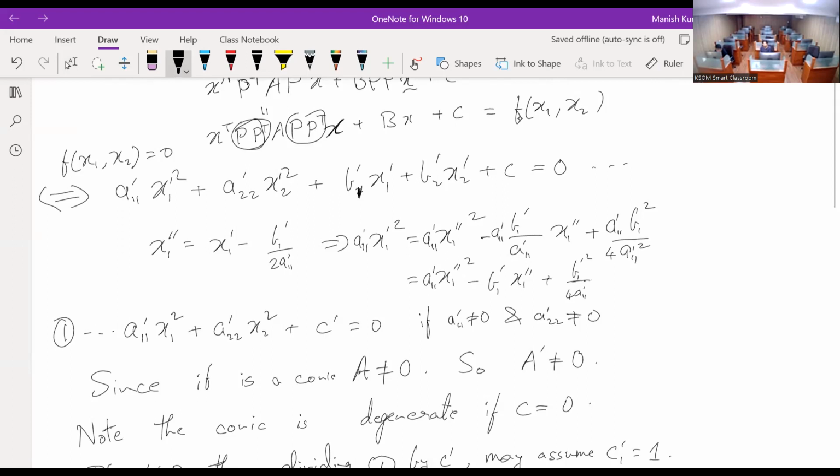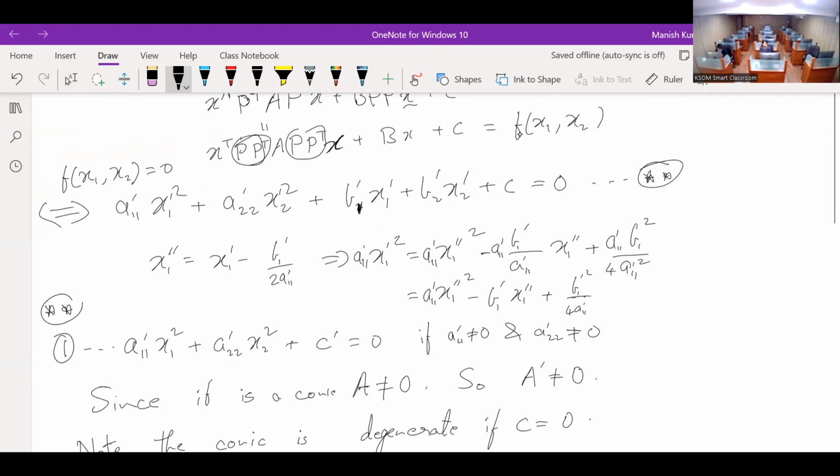Let's give this equation a name, double star. Double star becomes this if we do this change of variable, but instead of writing x1 double prime, I'm going back to x1, because the shape doesn't change and otherwise we'd have too many primes.